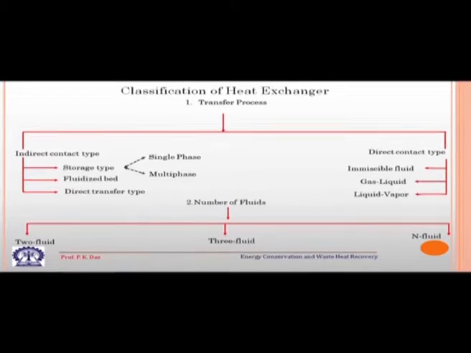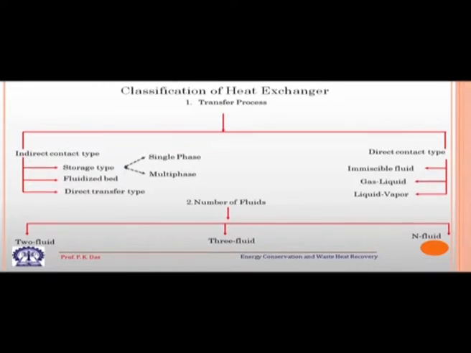Thermal energy from the hot stream will be stored temporarily in some sort of a matrix or body, and then that stored thermal energy will be passed on to the cold stream, or the low temperature stream. That is your storage type heat exchanger, and it could be single phase or multiphase.